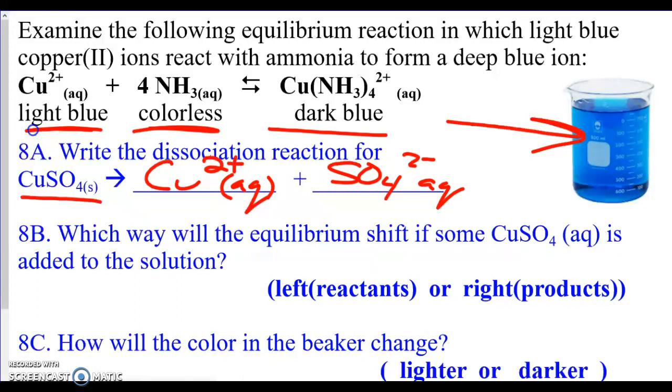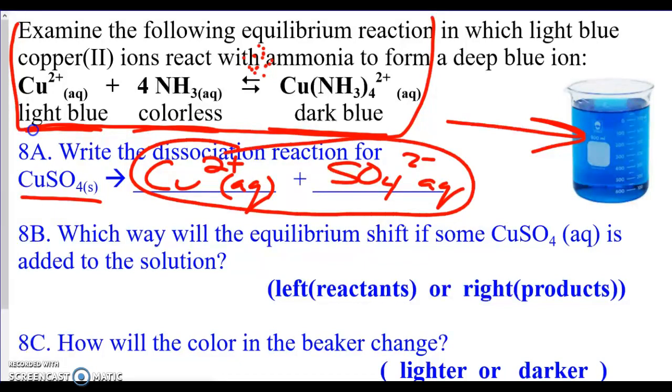Which way will equilibrium shift if some copper sulfate is added to it? So again, this is our beaker right here. We're sprinkling in some copper sulfate. As soon as it hits the liquid, this is what's going to break apart. We're going to have that floating around inside the beaker. Sulfate is not involved at all in the chemical reaction, so it's a spectator ion.